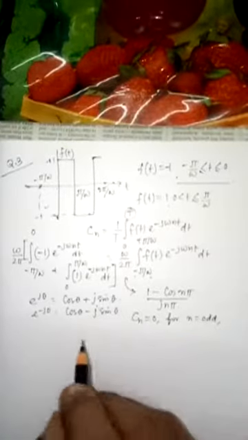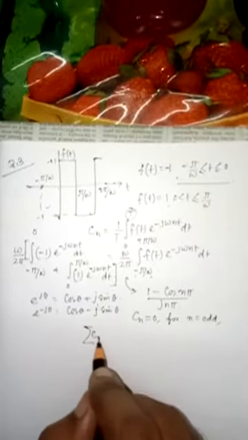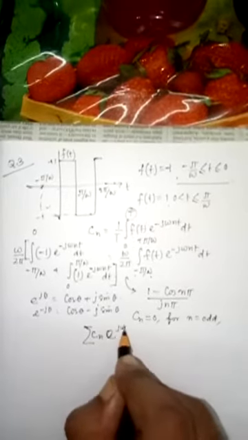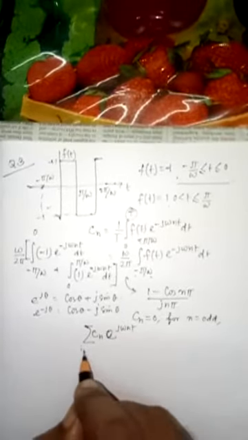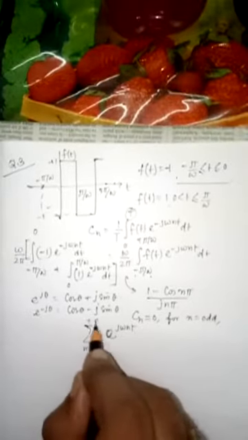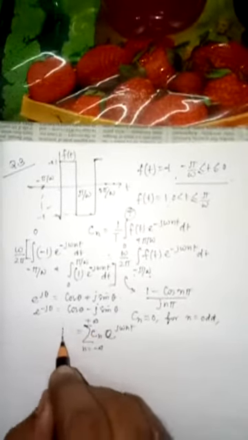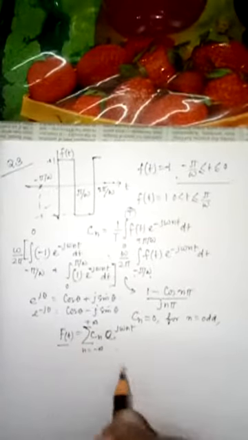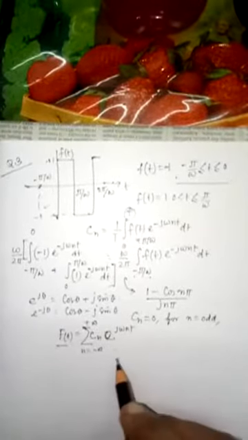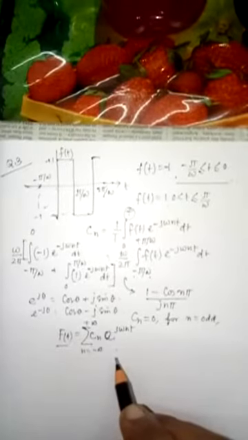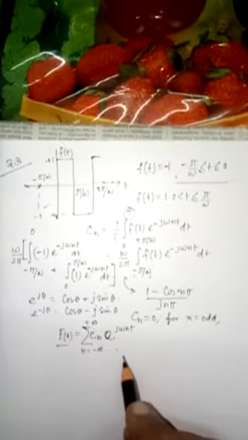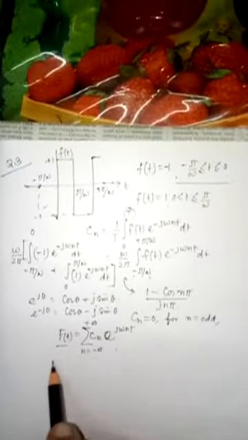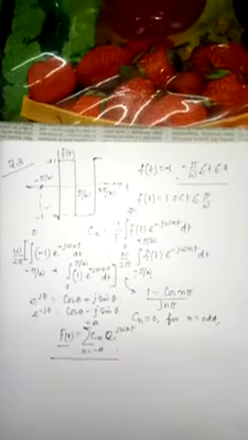You can easily expand it in the form of summation of Cn e to the power j omega nt, n equals minus infinity to plus infinity, that is a Fourier series of f of t, which is a periodic function, and this is also a periodic function. We are just converting it into the scope of sinusoidal analysis, so that particular periodic function is converted in the Fourier transform here.